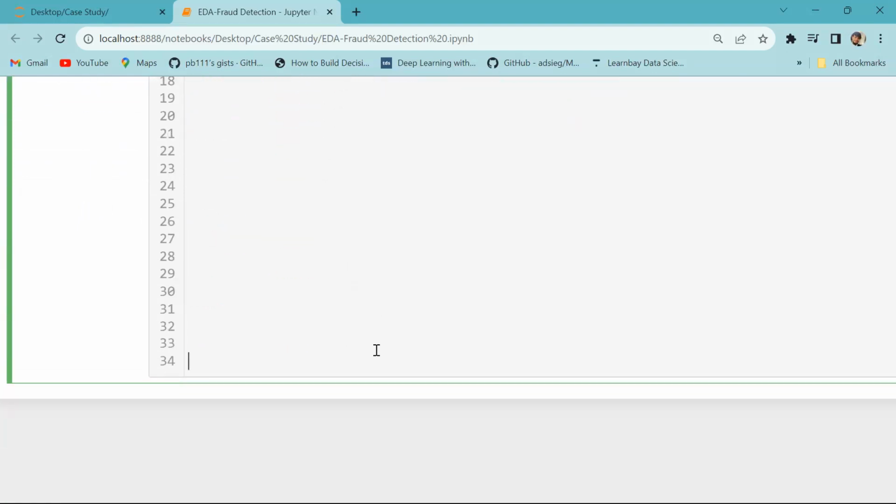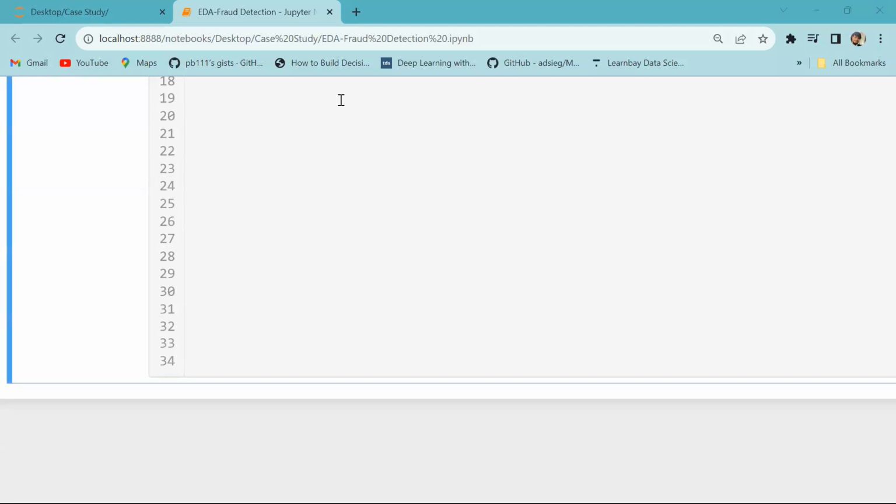Let me explain. So guys, the five-number summary is very important statistical information. With the help of that, we can describe how your data has been distributed.